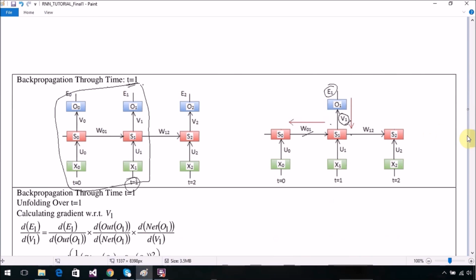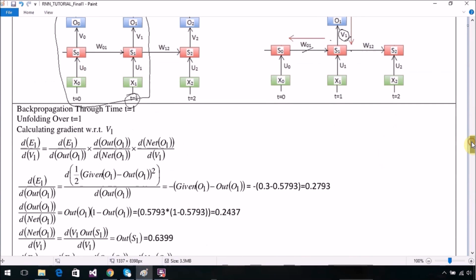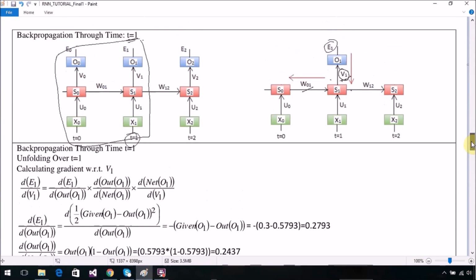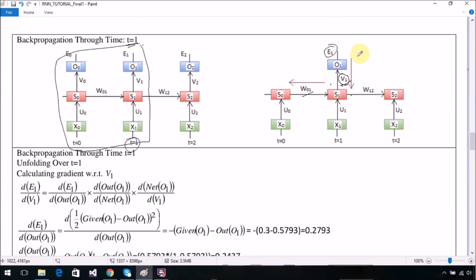So calculating the gradient with respect to V1, it is possible to understand the entire path or chain rule used in the gradient through net and out functions. So it is out and this is net, and here from E1 we have a backward path to out O1, and from out O1 to net O1, and from net O1 to V1.